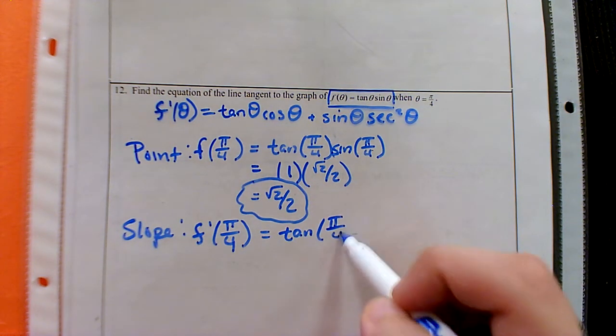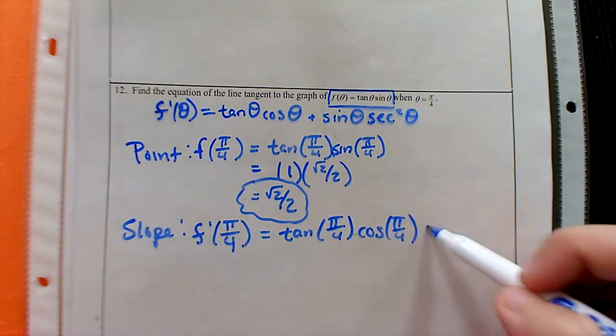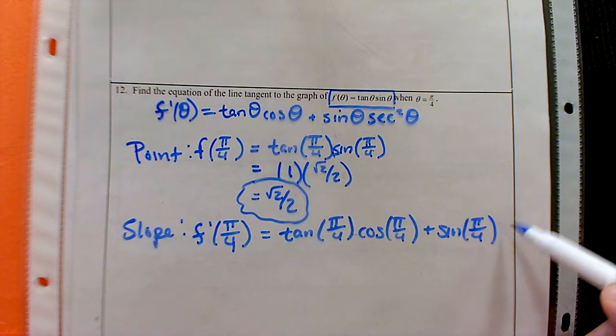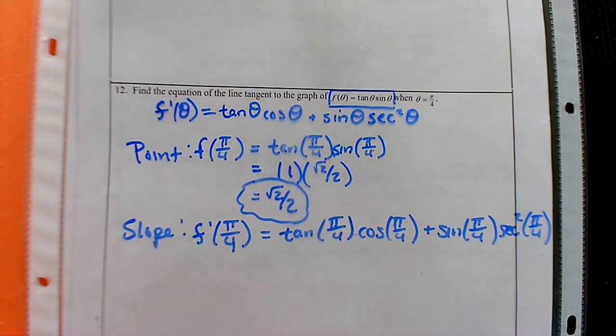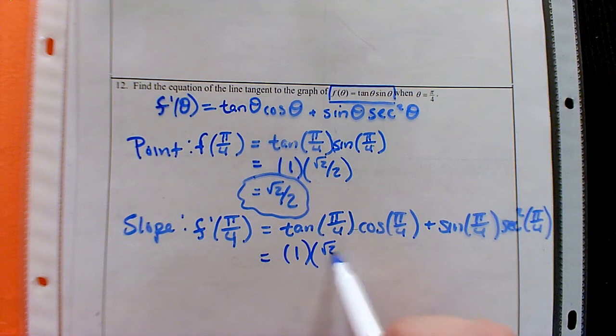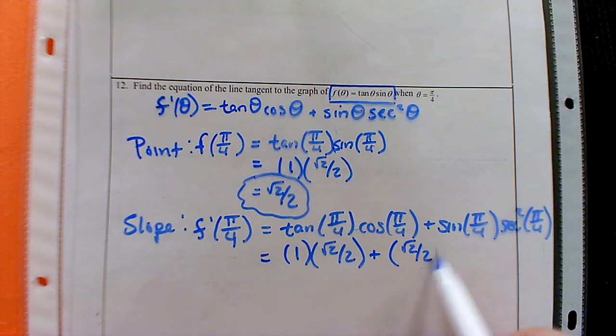So tangent of pi over 4 times cosine of pi over 4 plus sine of pi over 4 times secant squared of pi over 4. All right, we just said tangent of pi over 4 was 1. Cosine of pi over 4 was square root of 2 over 2. Sine of pi over 4 was another square root of 2 over 2.